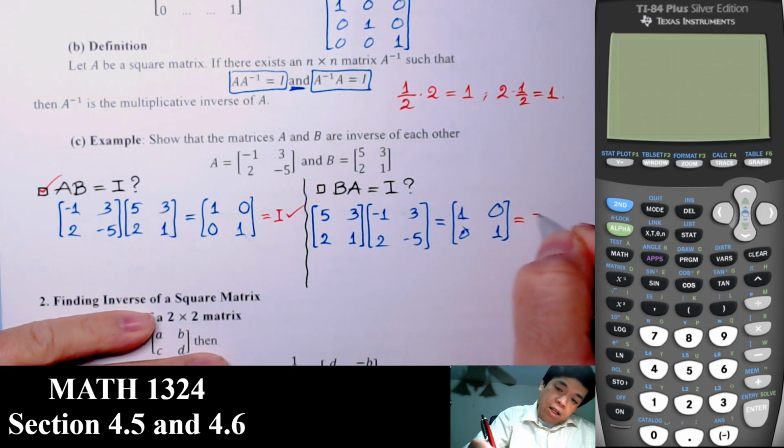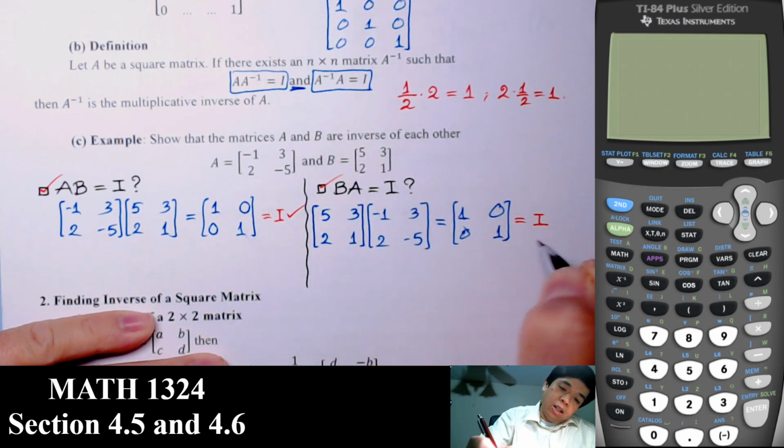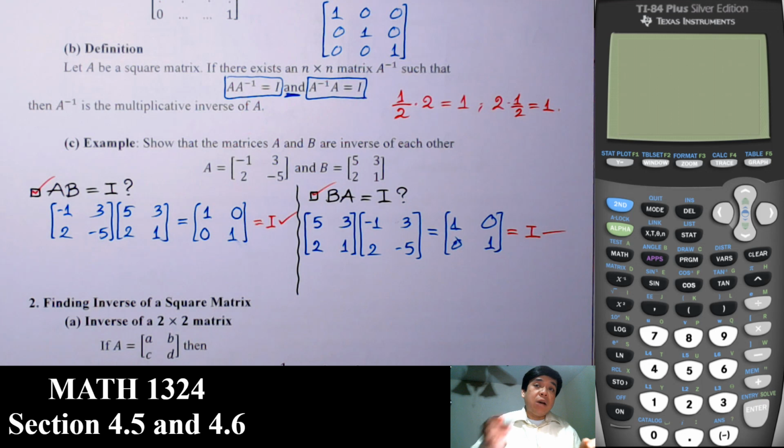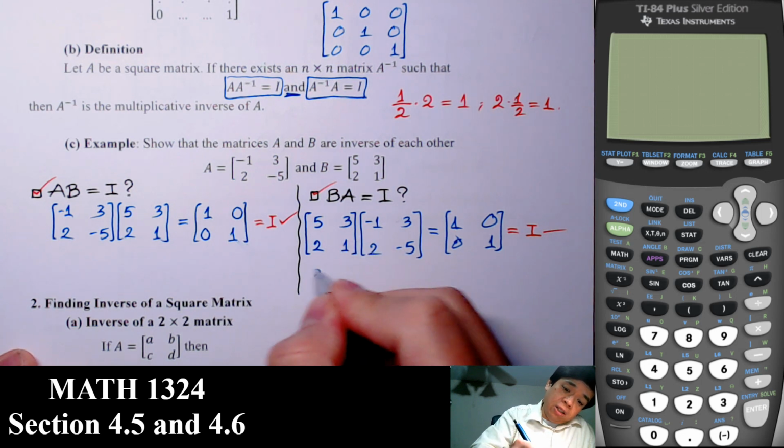So this is the identity matrix. So the product A times B equals identity and B times A equals identity. We have both of them, so we say A and B are inverses of each other.